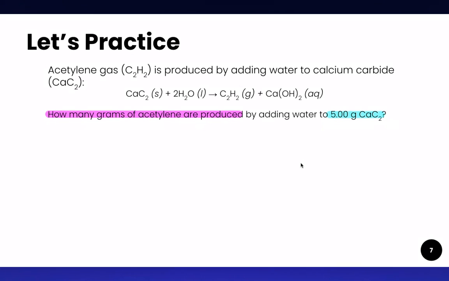They also give you a complete balanced equation, which is awesome. Okay, so from here, we can skip the balancing step and move straight into our railroad track calculation. Always start with the known value in the top left hand side.